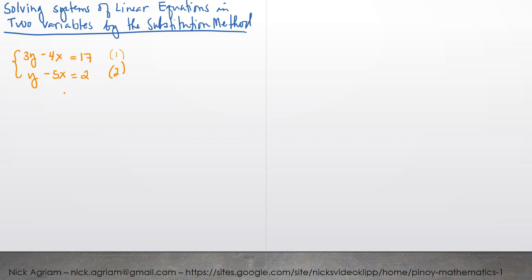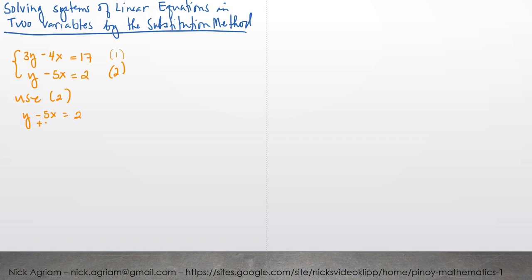And how to do that? We choose the simplest. So for me, I have to use number 2. Why? Because it is simplest. I already have y, and y has 1 as its coefficient. So if I'm going to write it again, y minus 5x is equal to 2.